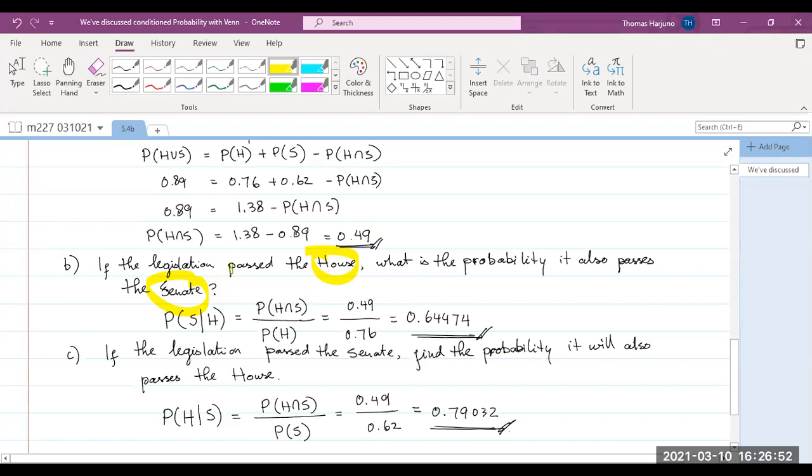Now, suppose the House passed it first, then how likely will it pass the Senate? On the other hand, if it passed the Senate, how likely will it pass the House? And when it comes to gambling, for example, when you try to see what will happen the next day, then you have this probability to work on.